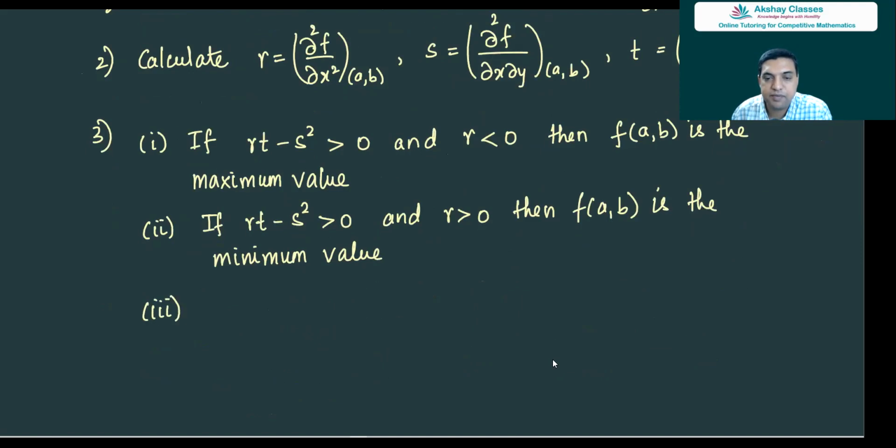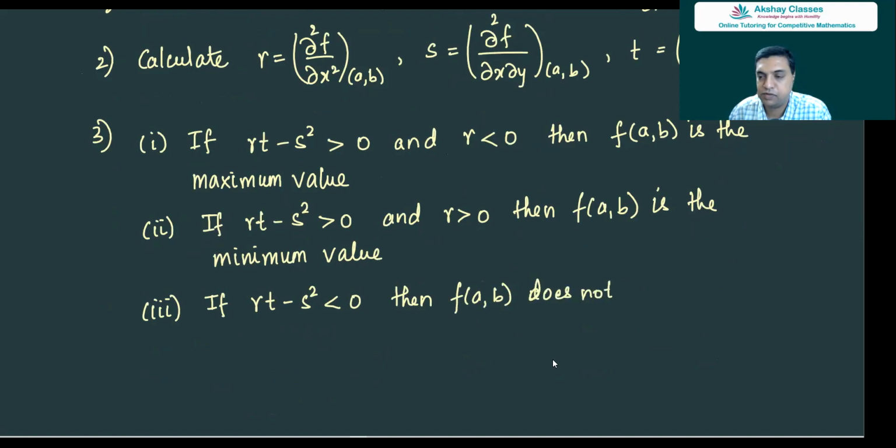And if rt minus s square is negative, then f of a comma b does not have an extreme value. This point a comma b is a saddle point.